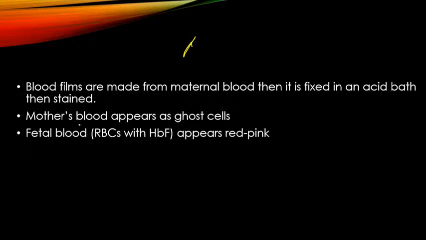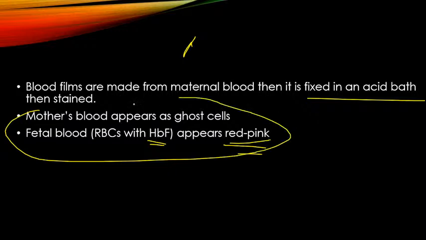The mother's blood will appear as ghost cells, while the fetal blood, meaning the blood with HbF, will stain pink. So that's basically the principle of Kleihauer-Betke. You make a smear, fix it in an acid bath, and then examine. Usually, you're going to count the fetal blood cells.